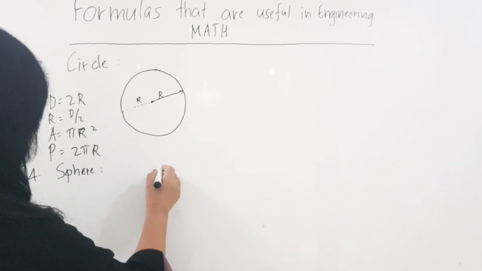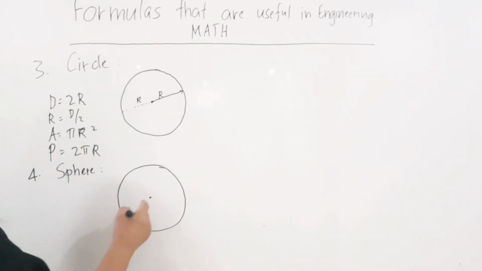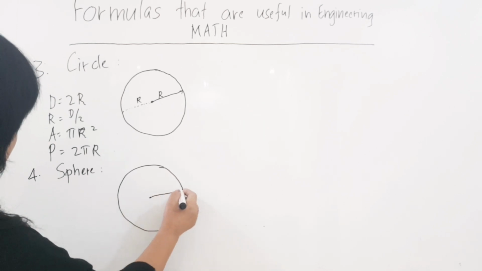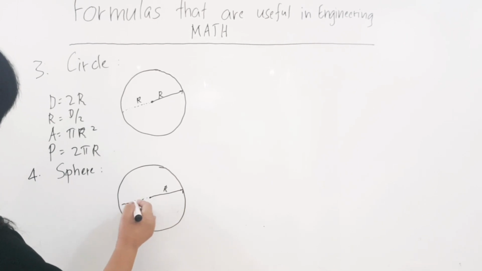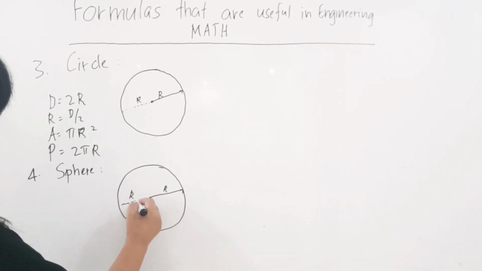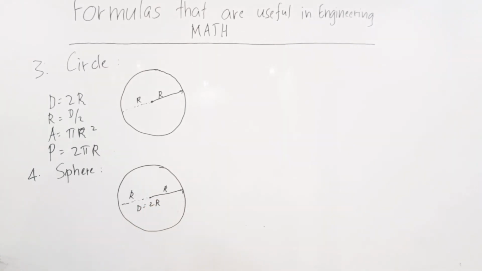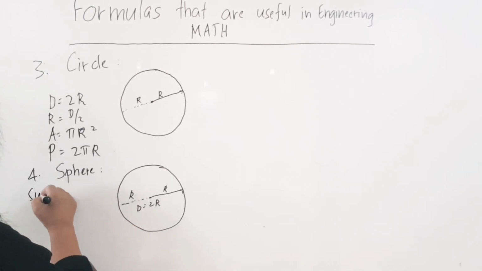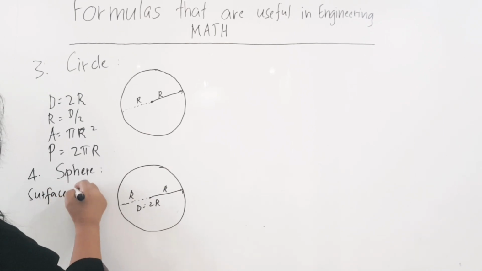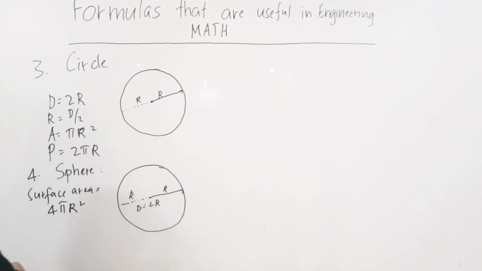If this is the sphere, this can be R, and this is also R, so D is equal to twice the R. Therefore, in a sphere, we can find the surface area, which is equal to 4 pi r squared.